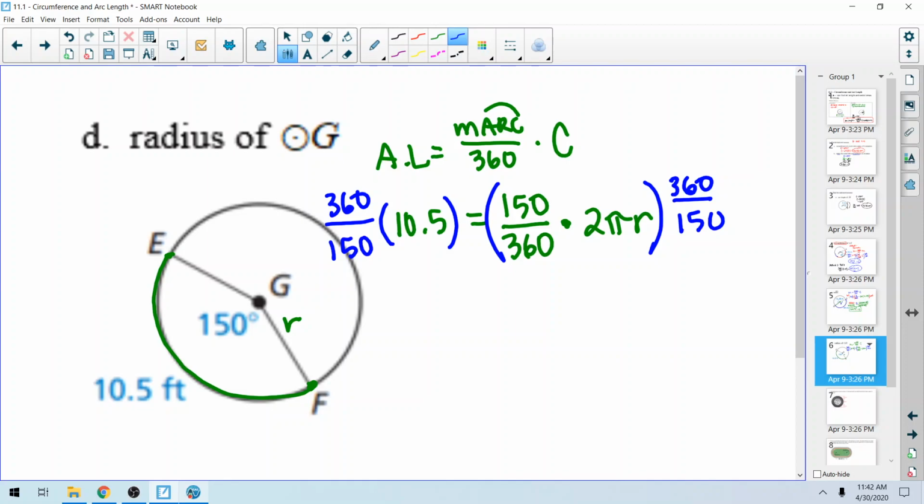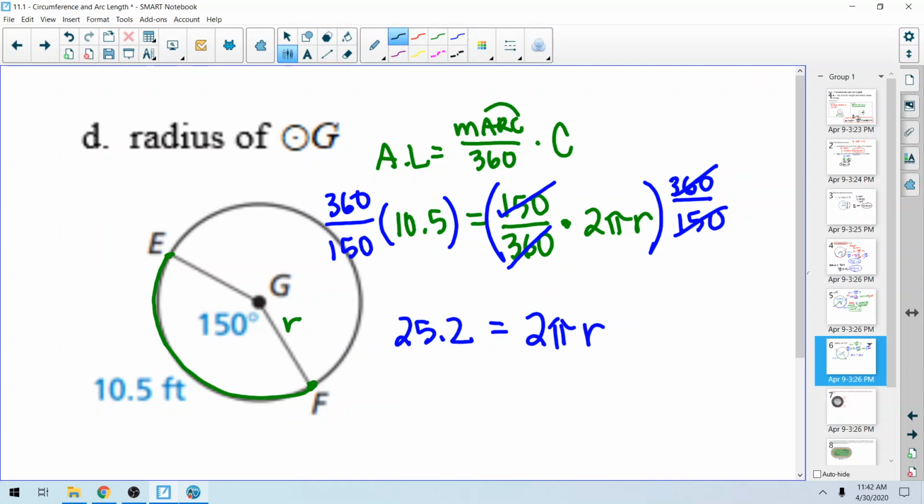So over on the left, I'm going to do Control Divide, 360 divided by 150 off to the side times 10.5, and I got 25.2. Over on the right, this guy cancels, this guy cancels, and you get 2 pi r.